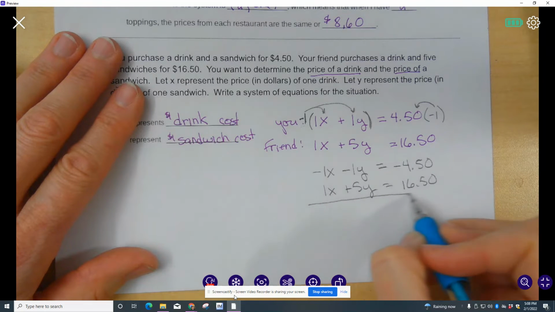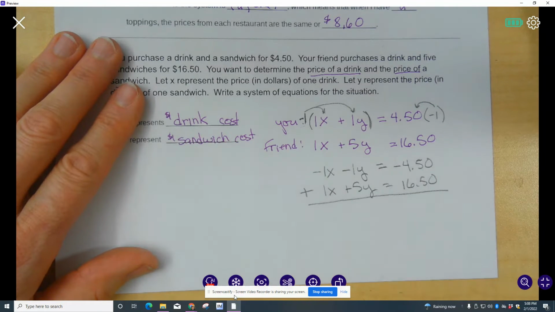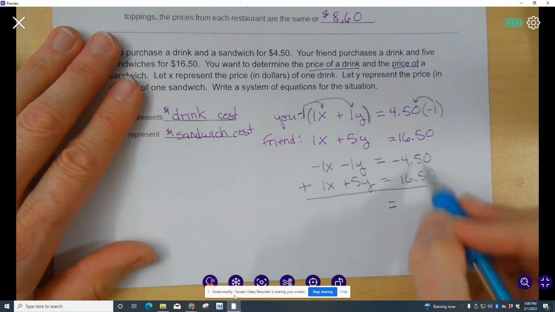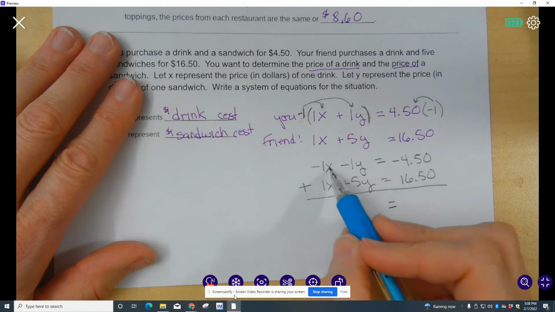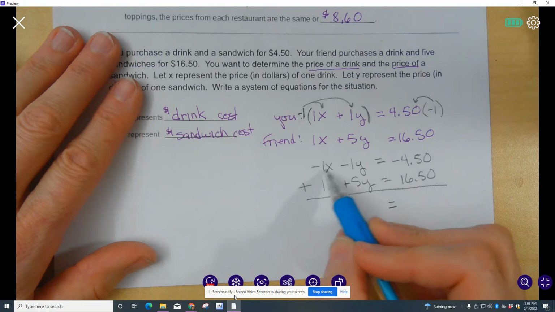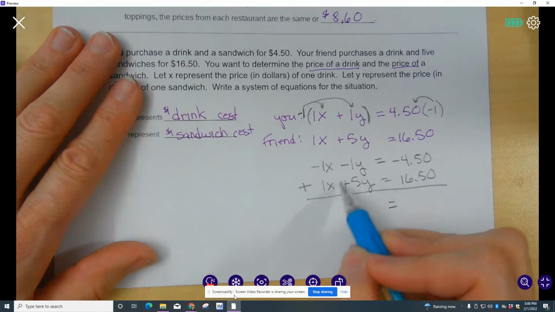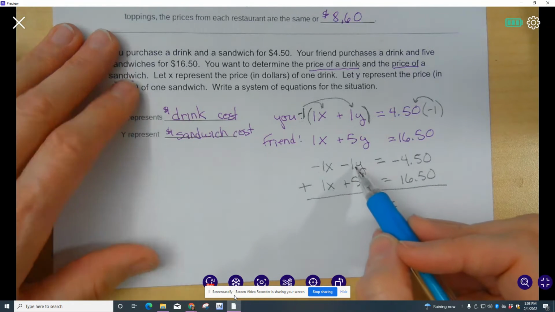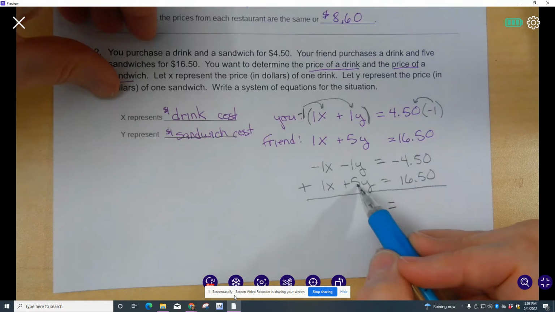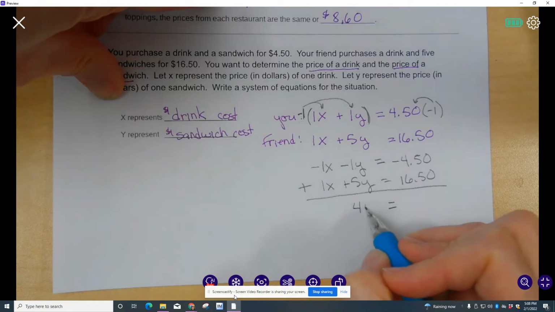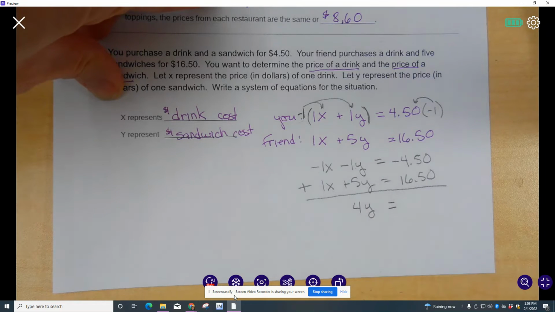Once you have those opposites, you can go directly to creating your giant addition problem. Add down your columns. Here, this should be the variable that eliminates. -1x plus +1x is 0. So I have 0 x's. X is eliminated. -1y plus 5y is 4y. 5 minus 1 is 4.